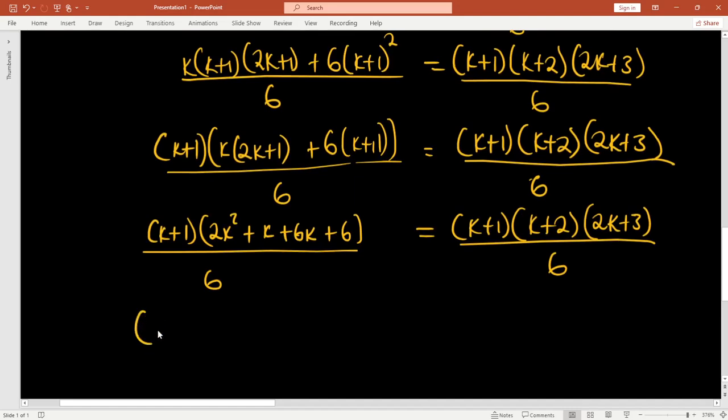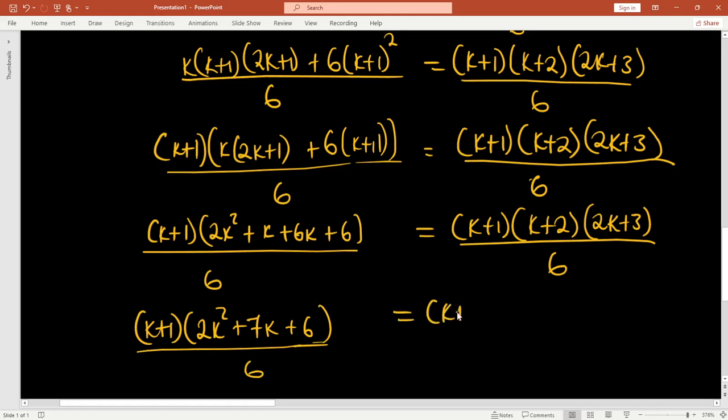So here we have k plus 1, open brackets, 2k squared plus 7k plus 6, divided by 6, equal to k plus 1, k plus 2, and then 2k plus 3 over 6.